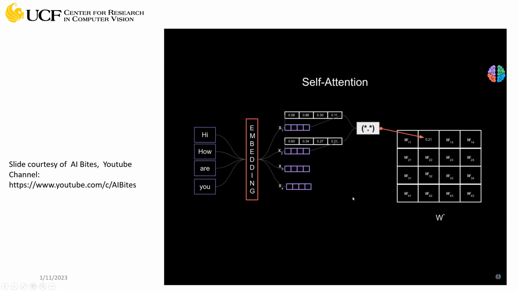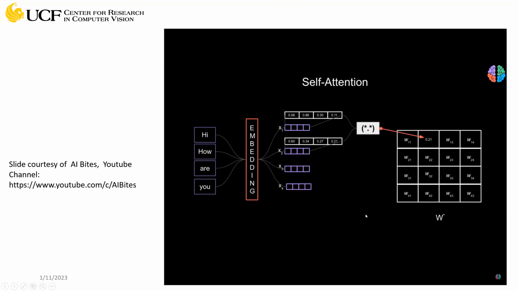The intuition about self-attention is that we will find the dot product, the similarity, between a given word and all other words. So this is the dot product of the first word with the second one, say here, 0.21. We'll do that for the first with third, first with fourth, and then for the second with first, second with third, and so on.